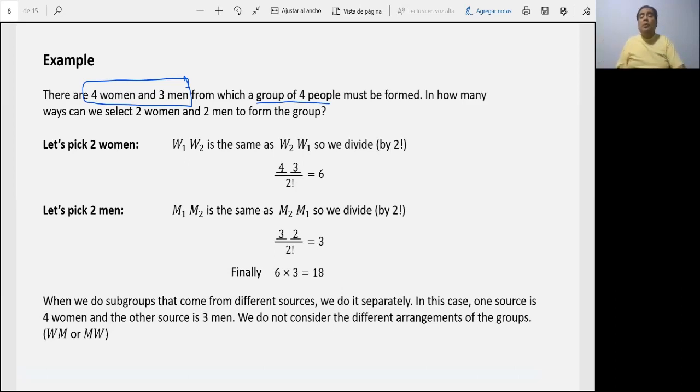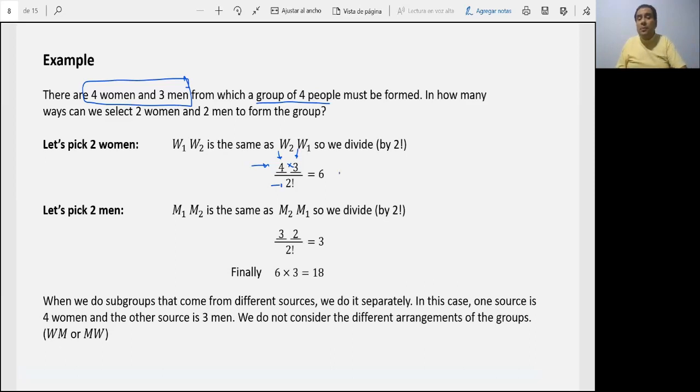So first, we can calculate in how many ways we can select 2 women out of 4. So this is simple. You just set the 2 spaces. After setting up the 2 spaces, you just pick the number of options for each space. You have 4 times 3, and then divide by 2 factorial. Since, for example, Rosa and Luisa is the same as Luisa and Rosa, right?